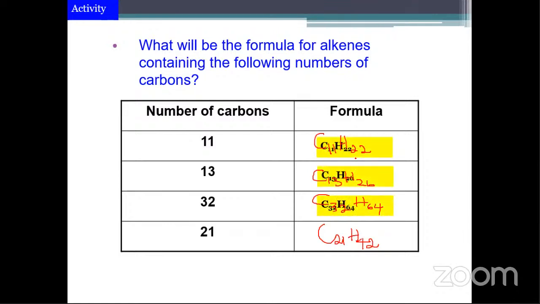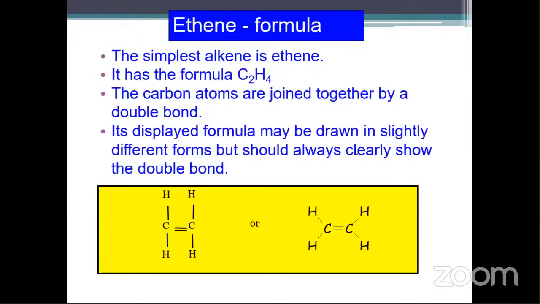All right, so that's that. The simplest alkene is ethene. Tell me why methane does not exist. Because carbons need at least 4 bonds. That's true, but that's not why methane doesn't exist.